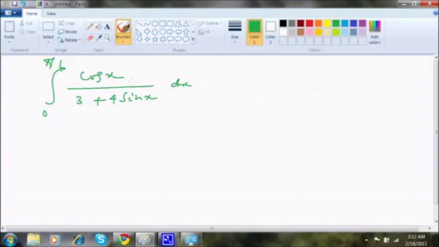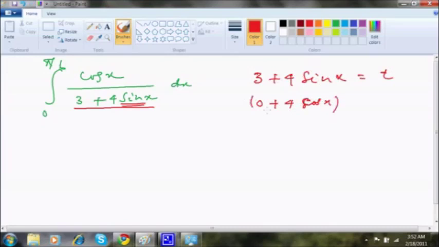If it is like this, first of all, there is no direct formula to this, so the second test is substitution. Differentiation of sin x is cos x. I will suggest you take the whole quantity as t. So 0 plus 4 sin x, and cos x dx is dt.